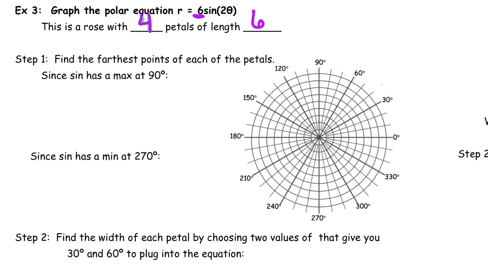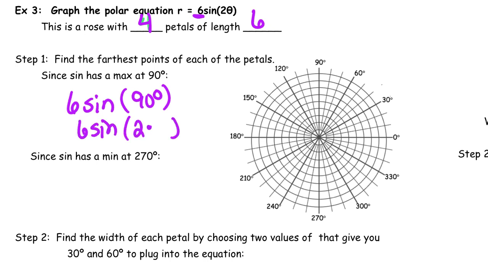So in this case, we're doing sine. Sine has a max of 1 where? At 90 degrees. So we're going to do 90 degrees. But here's how we do 90 degrees. It goes 6 sine, and this right here is going to have to be 90 degrees. How do I get 90 degrees, though, when it's 6 sine 2 times something? 45.